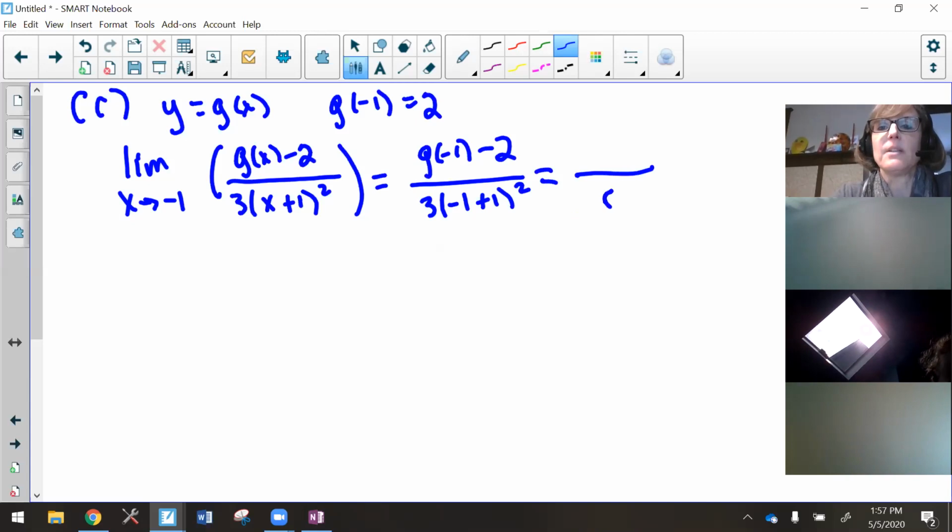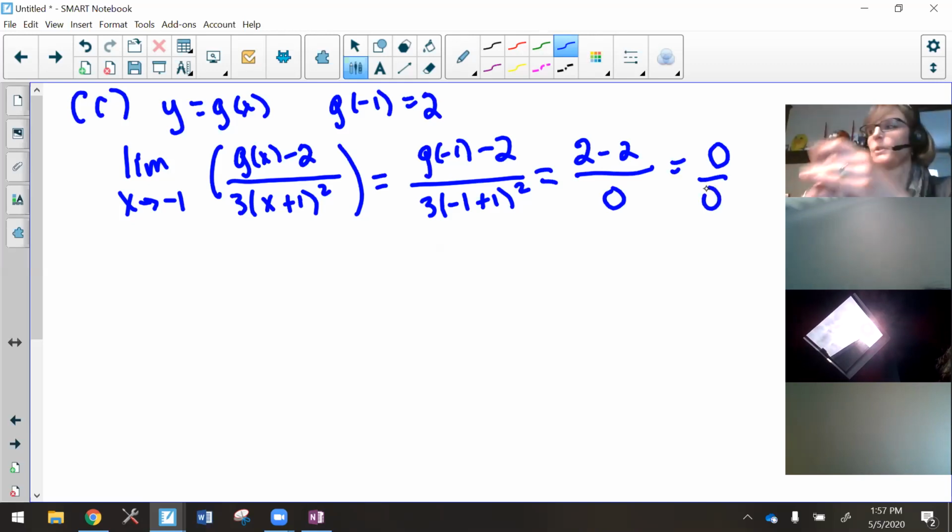So I'm going to get 0 in the denominator, and in the numerator, I know that g of negative 1 is 2. So actually, I get 0 over 0.